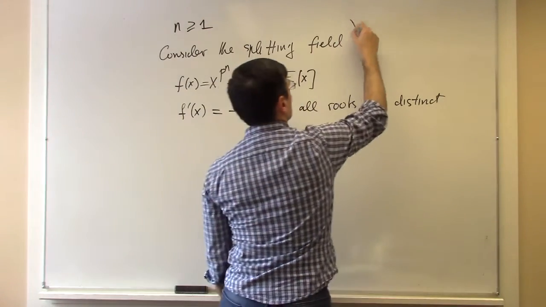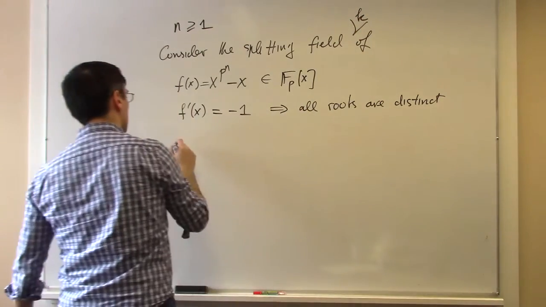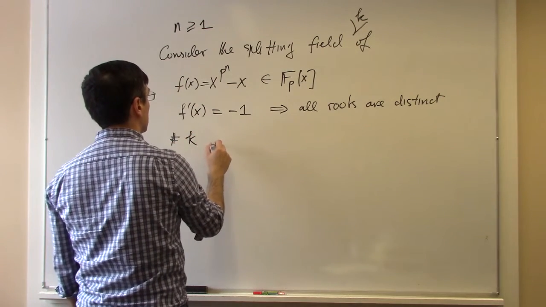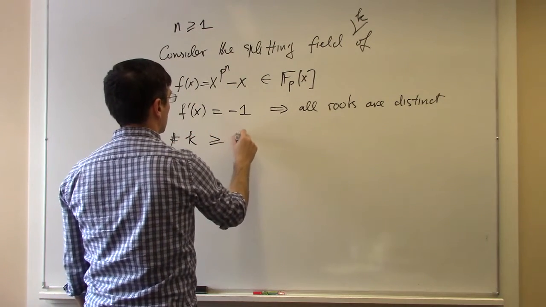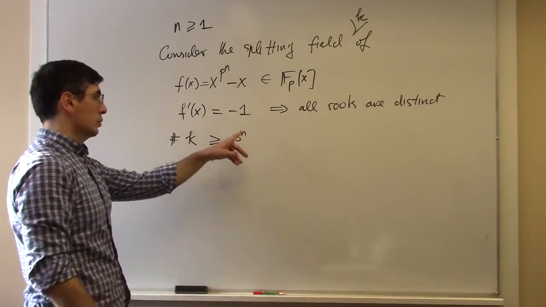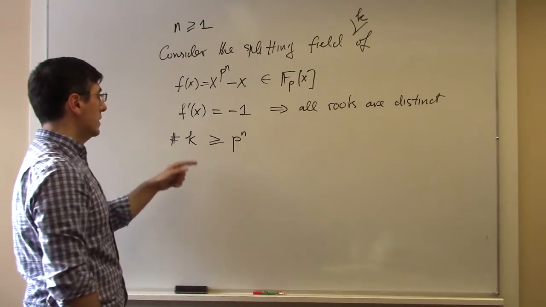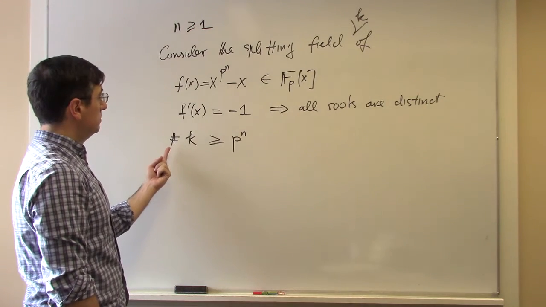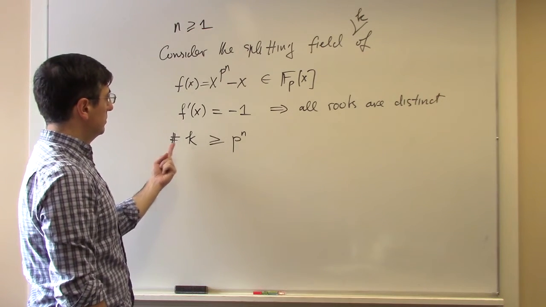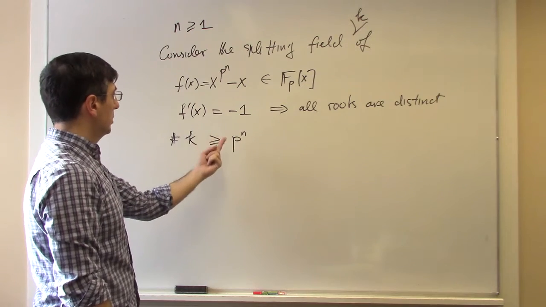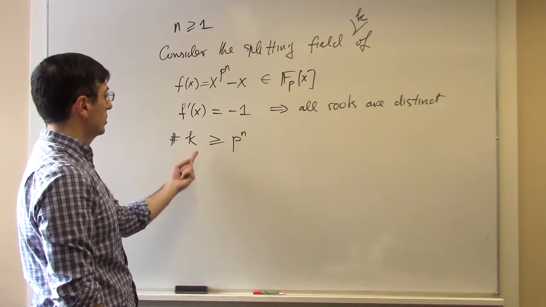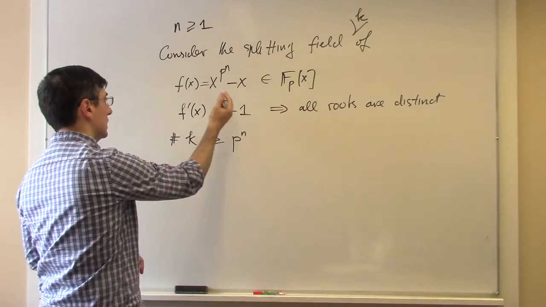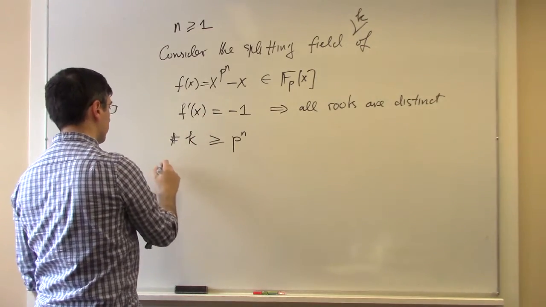So let's call the splitting field K, and then the conclusion is that this K has to have at least order p^n. Okay, so now right, so it has order at least p^n, but on the other hand you make an observation.